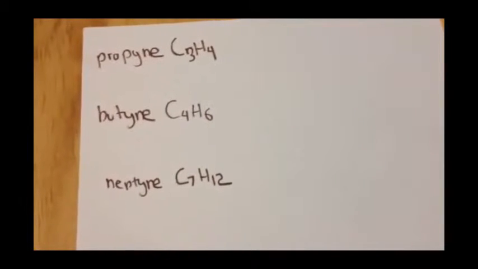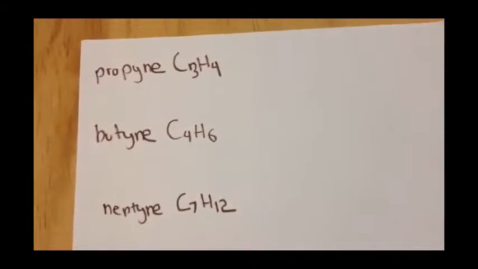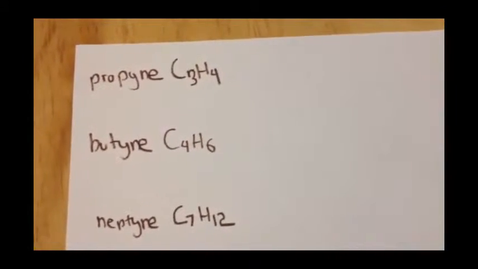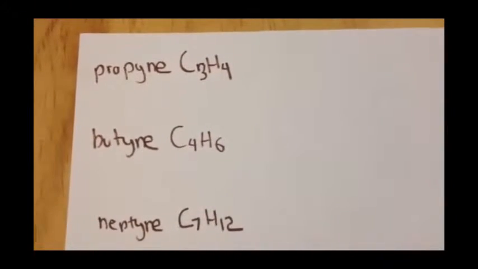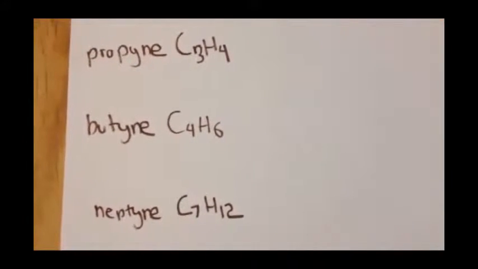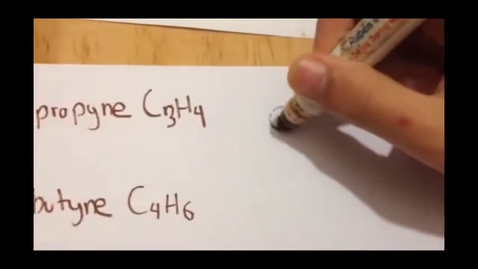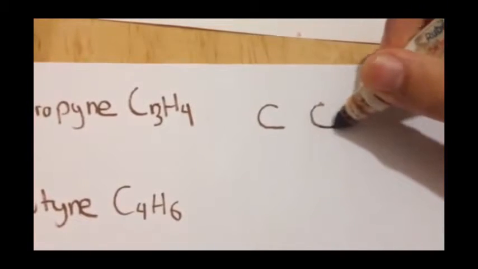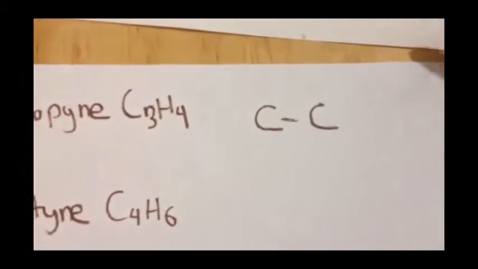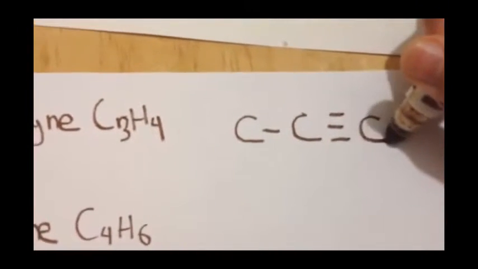Okay, now we are going to draw the structural formula for the alkynes. This is very easy. For example, in the first one we have propyne. What you need to do is to first draw all the carbons and at the end the carbon with the triple bond. In this case we have only 3 carbons, so we're going to do this. The first carbon, the second one, and the third one, that is the last one, we will put the triple bond.